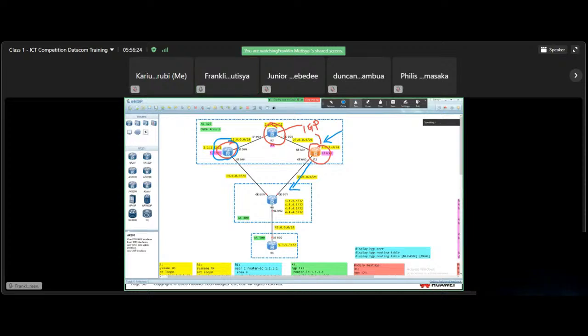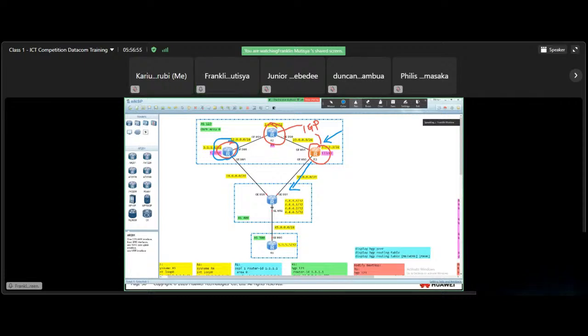So route synchronization is used to prevent what we call routing black holes. And what is a routing black hole? A routing black hole occurs when traffic is forwarded to a network path but cannot reach its destination. So you forward traffic through a certain path, but the destination is unreachable.